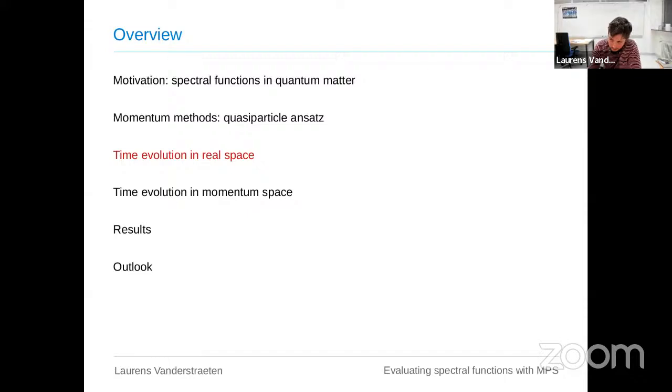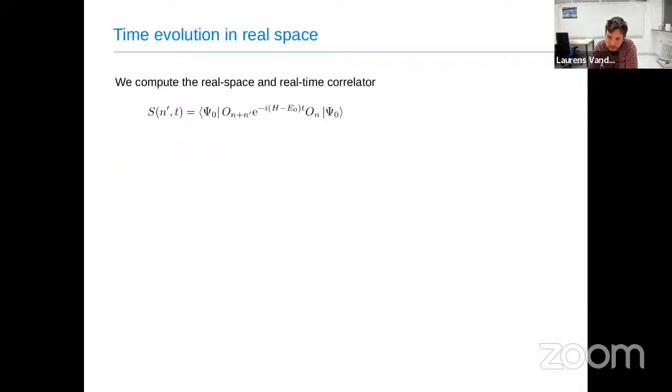Okay, so let me now quickly discuss how people simulate spectral functions, the more or less standard way of doing it in the MPS community, by doing time evolution in real space.